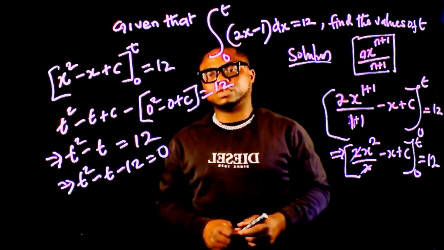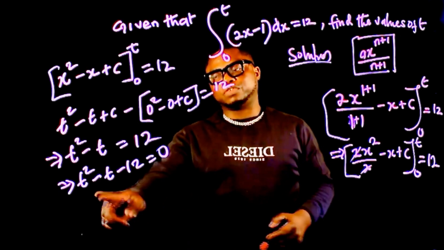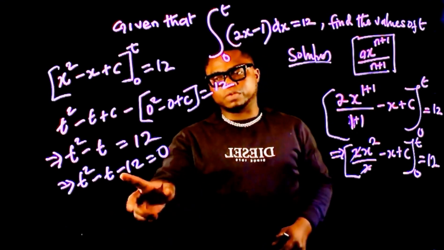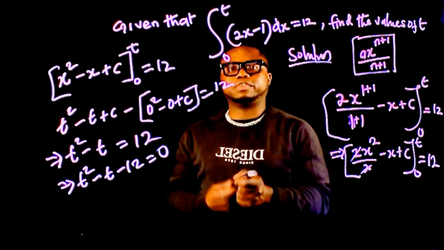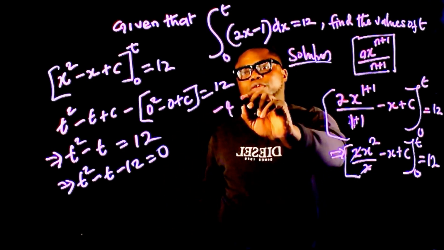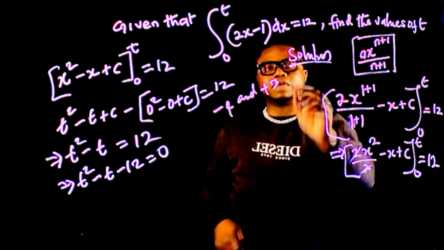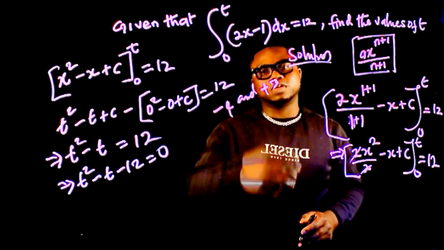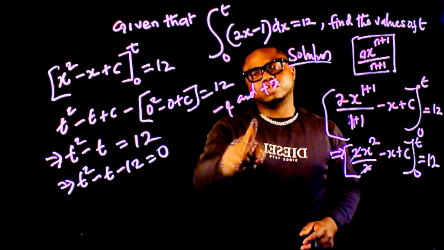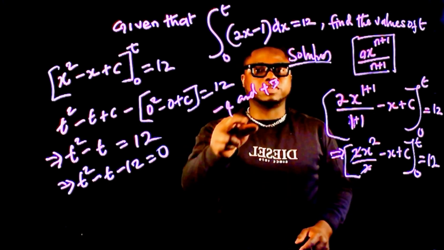So the two numbers are -4 and +3, because -4 plus 3 is going to give me -1, and -4 times +3 is -12, because minus times plus is minus, and 4 times 3 is 12. So the two numbers are -4 and 3.